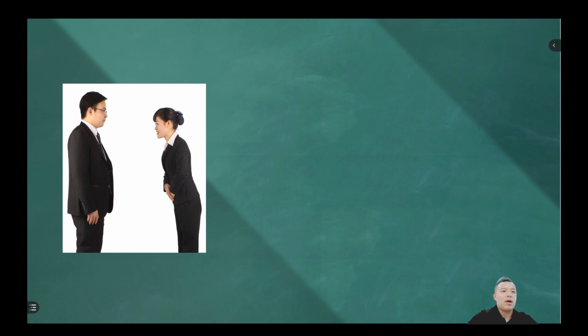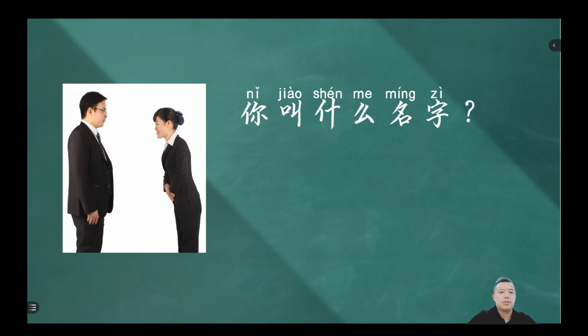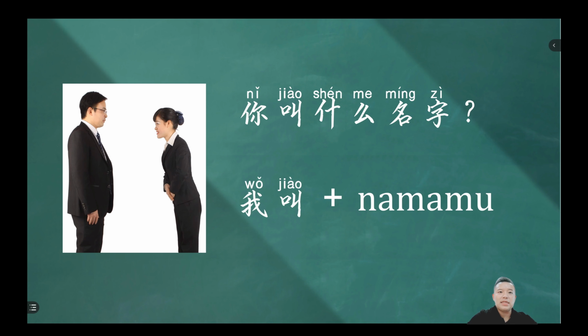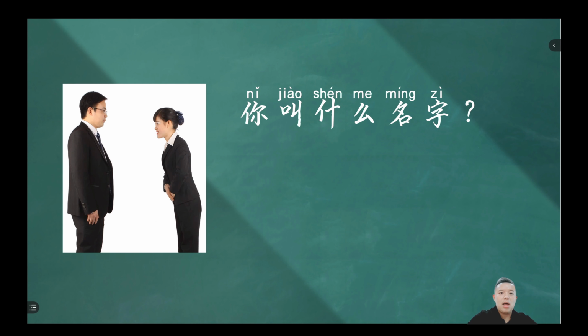Okay, so just as before, we talked about shake hands, right? After shaking hands or before that, what would you say or what would you do with your Chinese friends? Normally, we will ask about other people's name, like nama kamu siapa? Nama, 名字, siapa, 叫什么. 你叫什么名字?